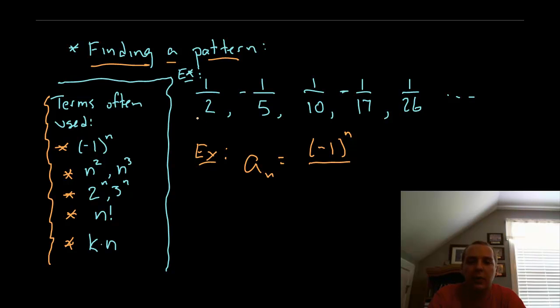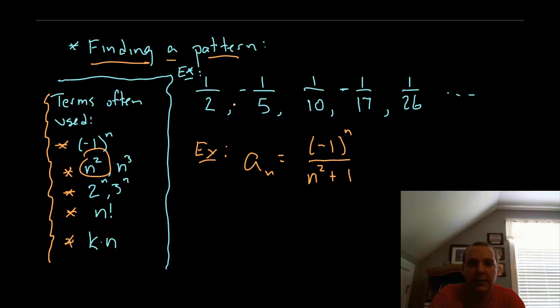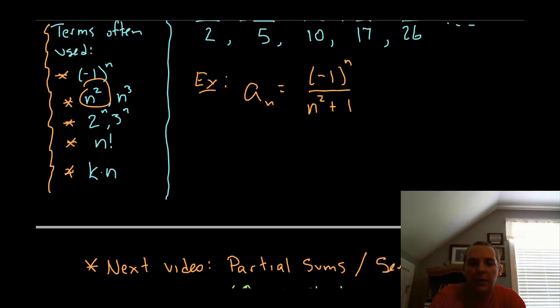Let me try going down 1. 1, 4, 9, 16, 25. Oh, that jumps out to me. That's n squared. 1 squared, 2 squared, 3 squared, 4 squared, 5 squared. So that's a very common technique that we use. So what is ours exactly? Well, it's n squared plus 1. So these take a lot of practice to get really proficient at, but the more you practice, the better you'll get. So anyway, that's just one example of how to find a pattern there.